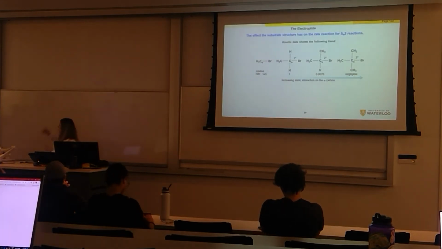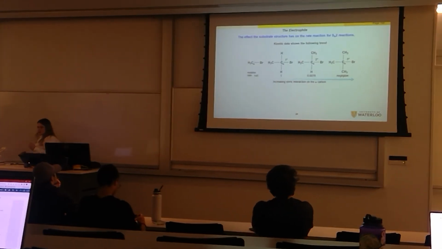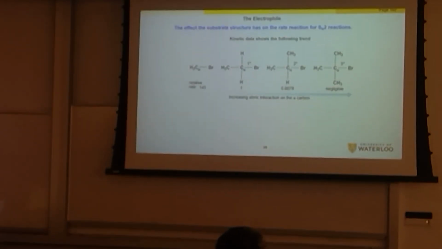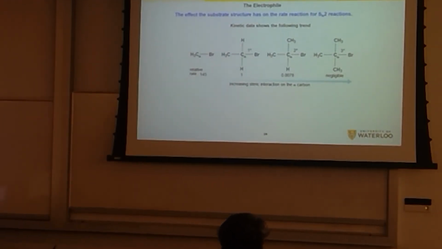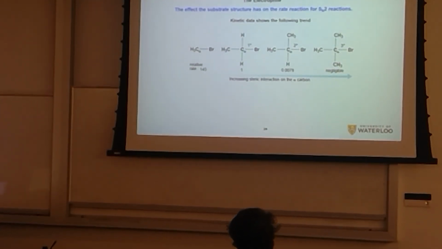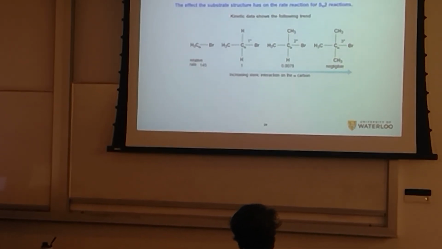We will look through electrophiles one more time. We had it during the last lecture, but again, the less sterically hindered your electrophilic center is, the better for the reaction, because you need to take the nucleophile and basically push it towards the carbon.